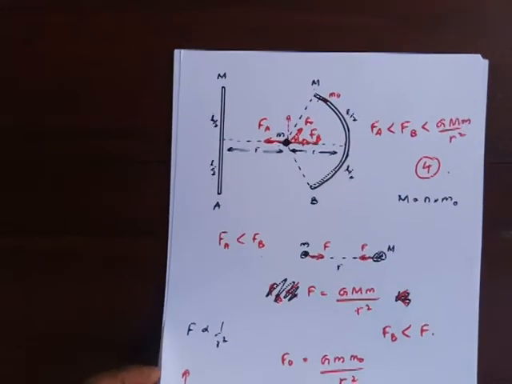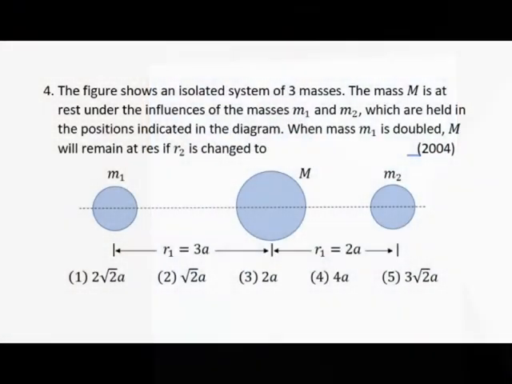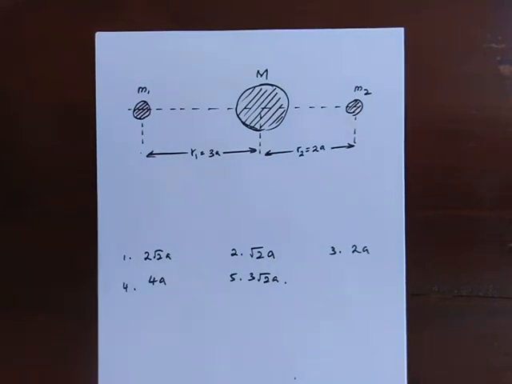And the next one, this is a very easy problem. If you understand the physics here rather than being addicted to equations, you can find the answer without wasting a drop of ink.